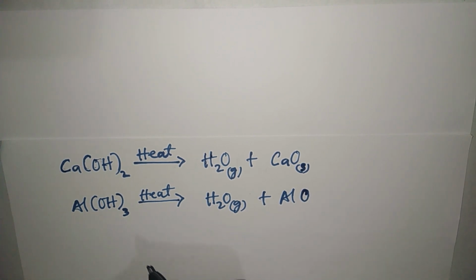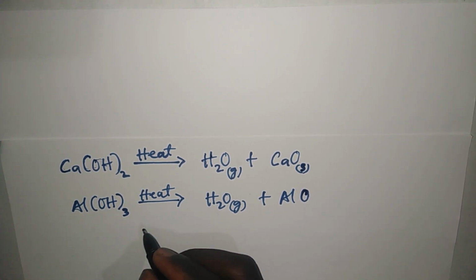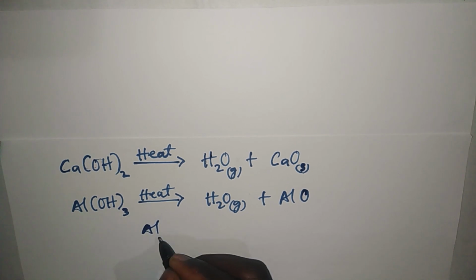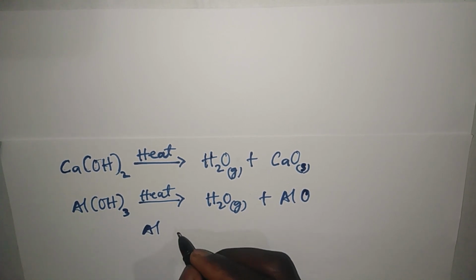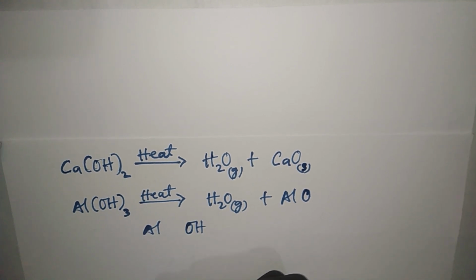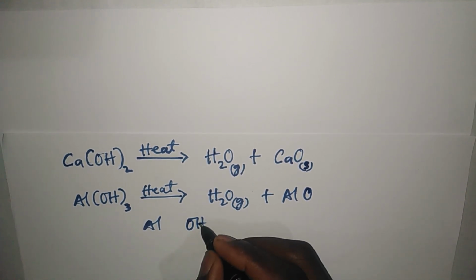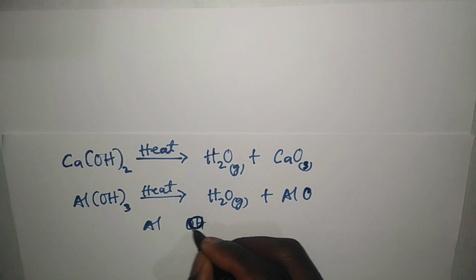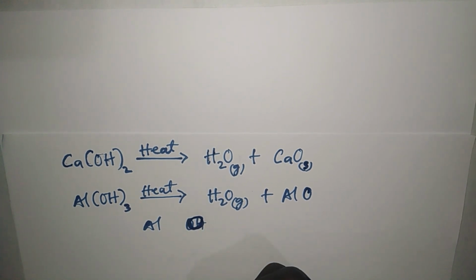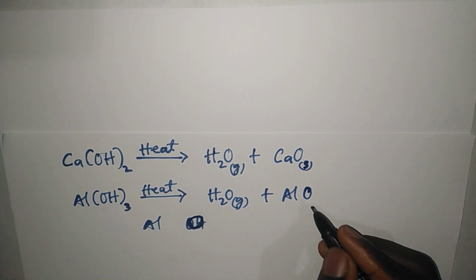But then we'll still take the same process. We have aluminium, right? And then we have OH. We still do the same process. Aluminium, so this will not be OH, this will be oxygen. Aluminium and oxygen, right?